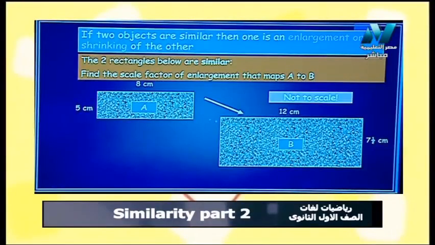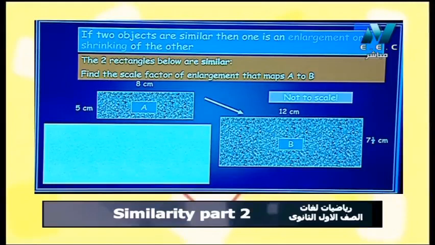Okay, let's go to the next slide. We have here 2 rectangles, rectangle A and rectangle B. This side equals 8 centimeters and this side equals 12 centimeters. Here we have 5 centimeters and this width equals 7.5 centimeters.